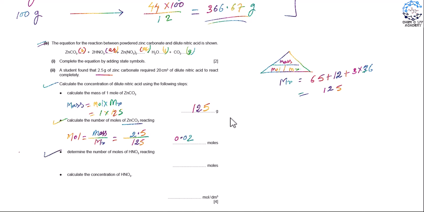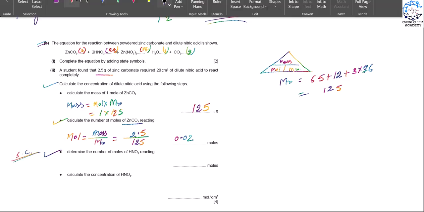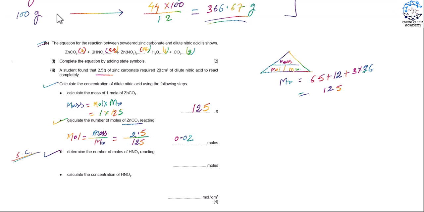Okay, now determine the number of moles of HNO3 reacting. So here is my stoichiometric calculation. Understand how we are going to do it. We have to look at the equation. The equation says zinc carbonate ZnCO3 plus 2 HNO3. So that means 1 mole of zinc carbonate is reacting with 2 moles of HNO3.